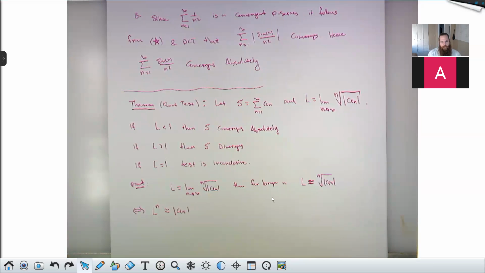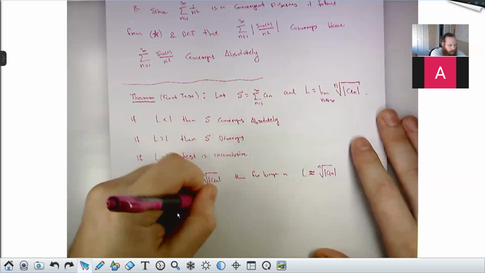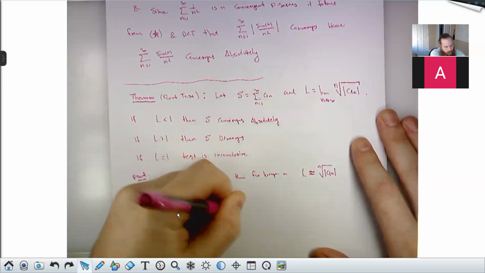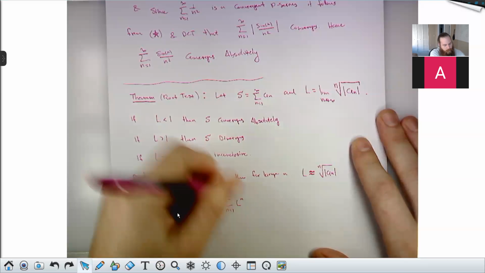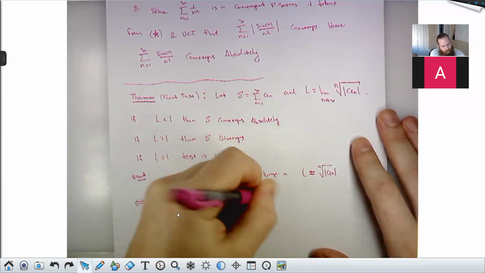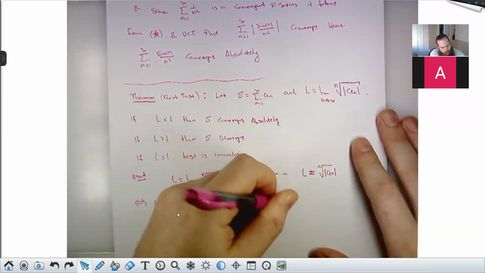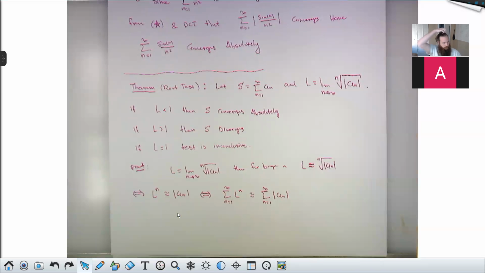The nth power will kill the nth root, and you get L to the n is approximately equal to the absolute value of a_n. And now, if you sum on both sides from 1 or wherever, you get that these things are about the same.